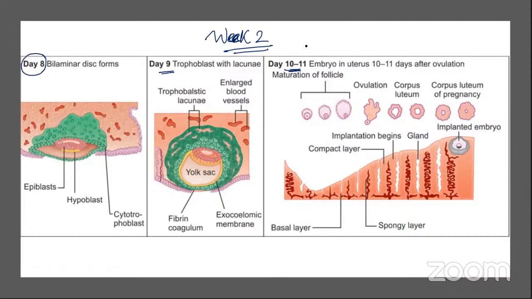Implantation completes on the 11th day of conception. That is what the textbook also tells you. So week 2, day 10 and 11.